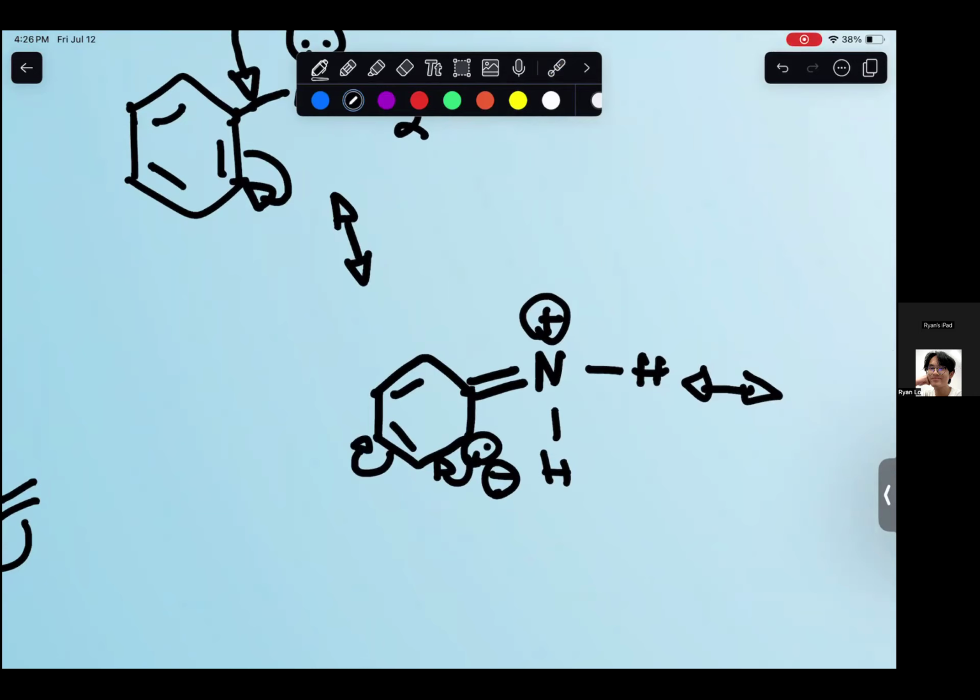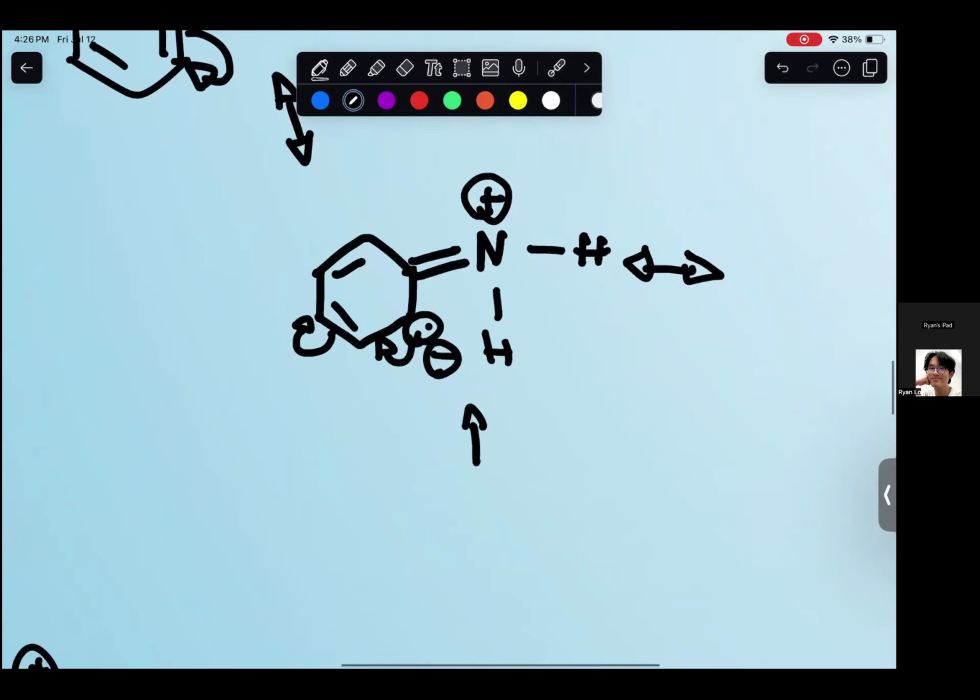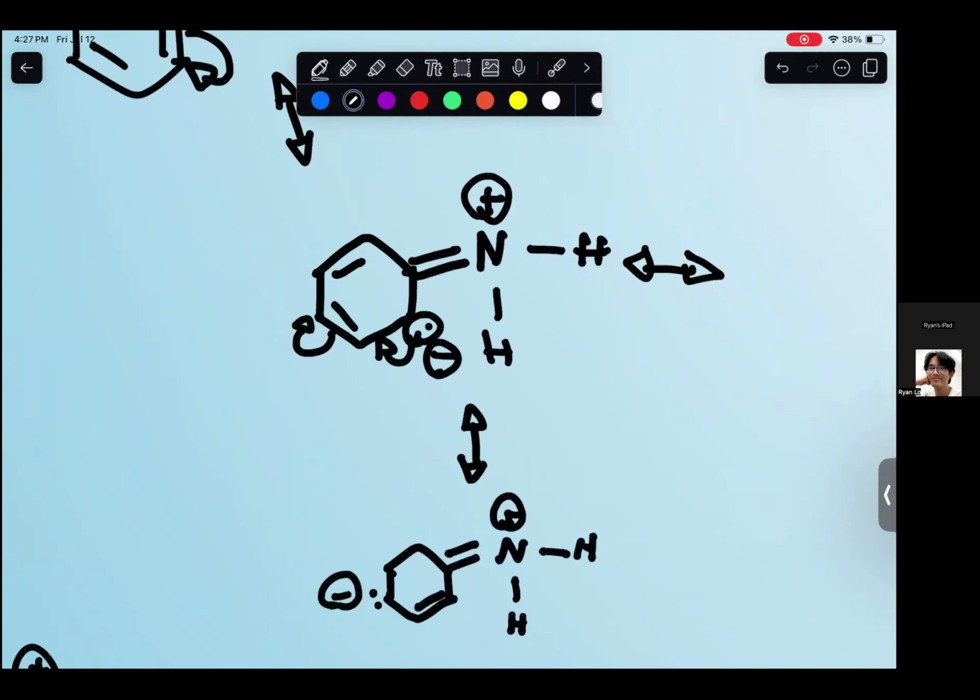Remember, bond to atom, atom to bond. Yep. And then this moves onto here. This moves onto here.